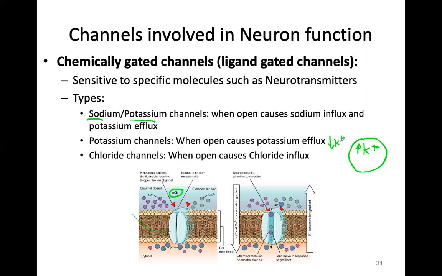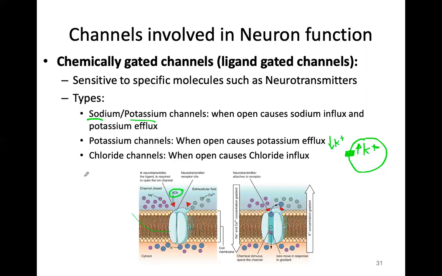So if I have a ligand-gated channel, and normally these are closed, as soon as it opens, it's going to push the potassium out of the cell with its concentration gradient. Now, if you're unfamiliar with the word efflux, efflux literally means moving something out of the cell. So in this case, you're effluxing your potassium.